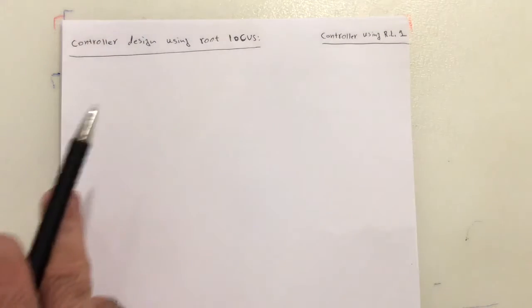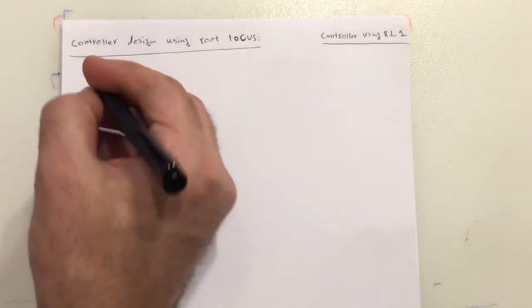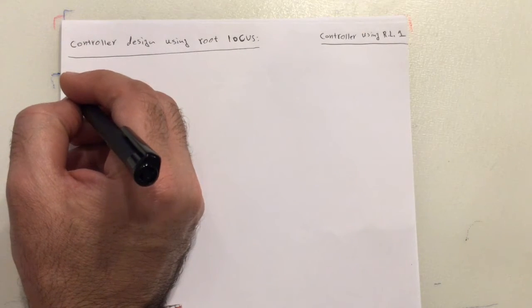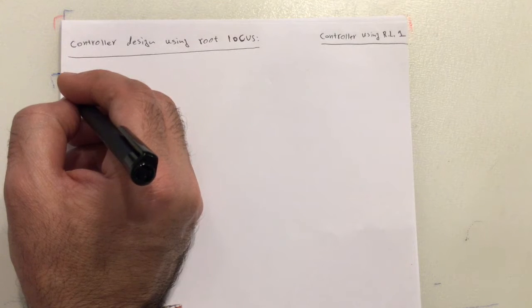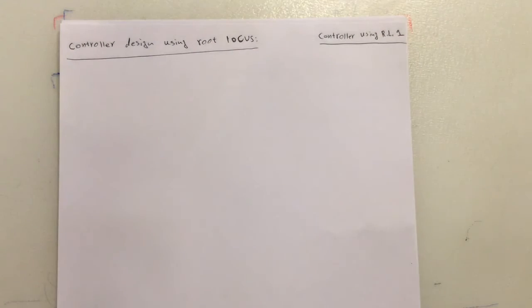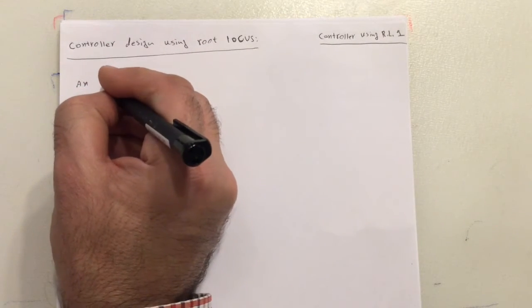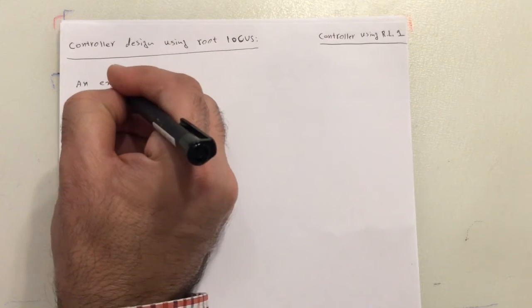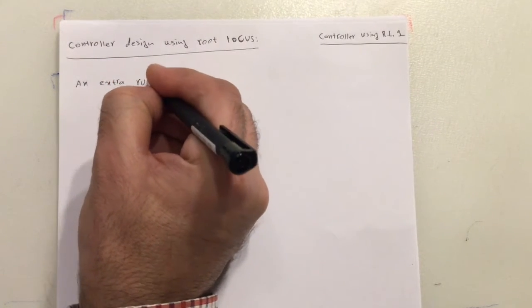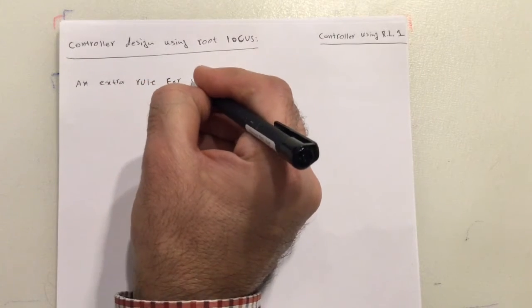But before talking about this method, I'm going to introduce you to a new rule applicable for some systems for drawing root locus. So, an extra rule for root locus.